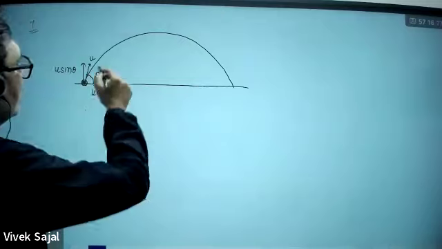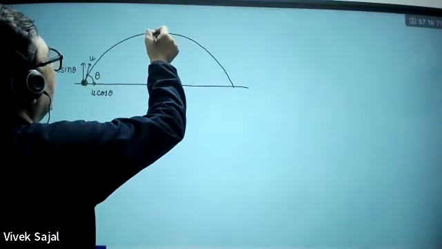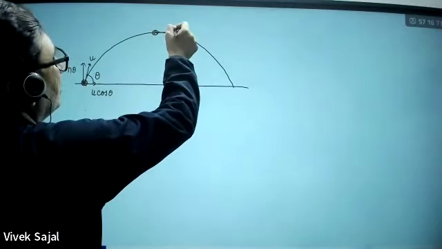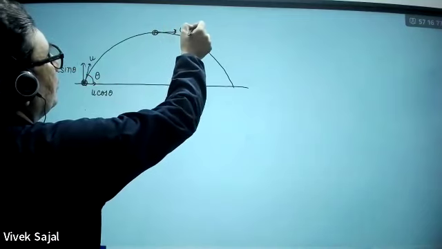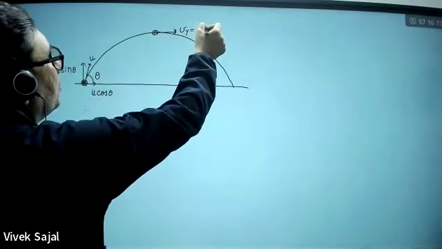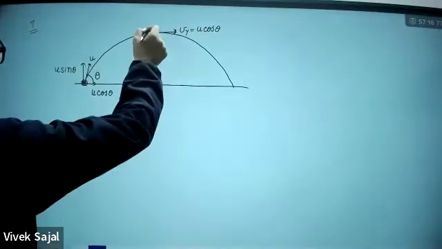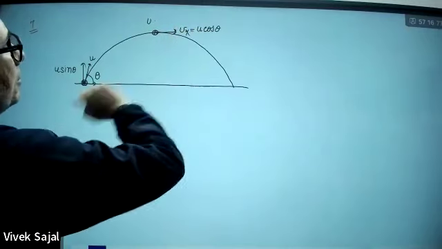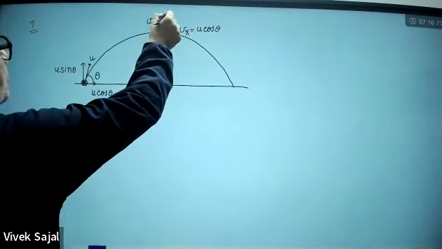When this projectile is at the highest point, what will be the horizontal component of the velocity? Vx will be equal to u cos theta. The horizontal component remains the same. What will be Vy here? That will be 0.